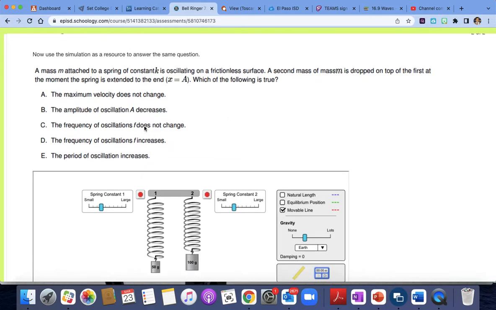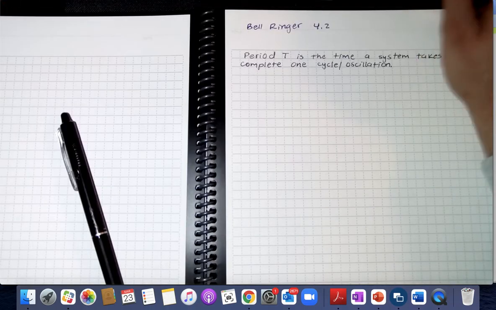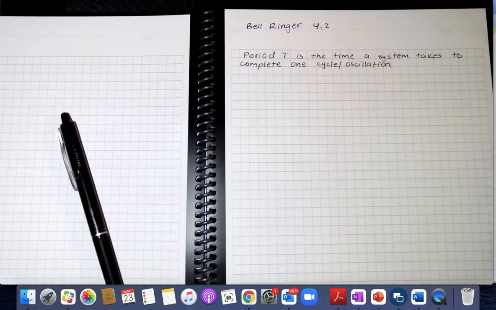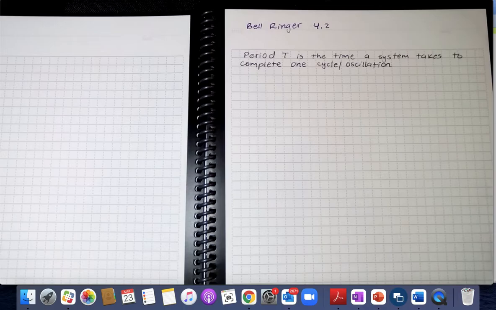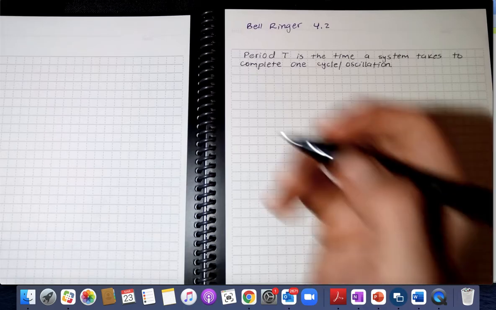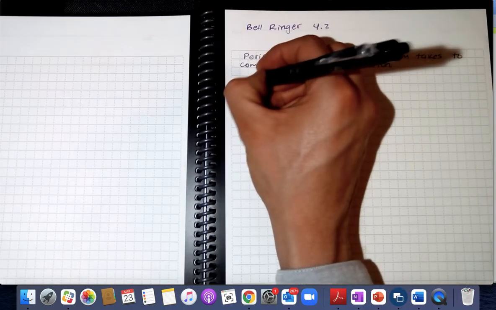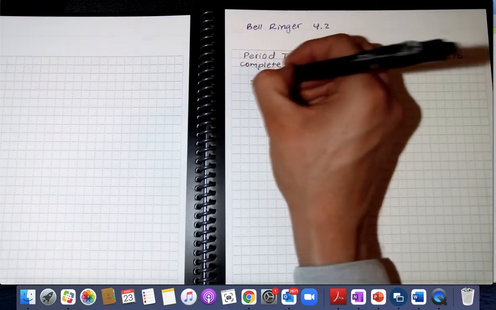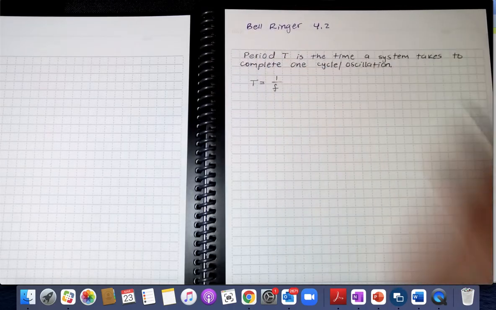So now let's look at frequency and period, right? So we're going to cancel these two. Period we defined as the time a system takes to complete one oscillation, one cycle. And we have the relationship of period and frequency in this way: period equals 1 divided by the frequency.